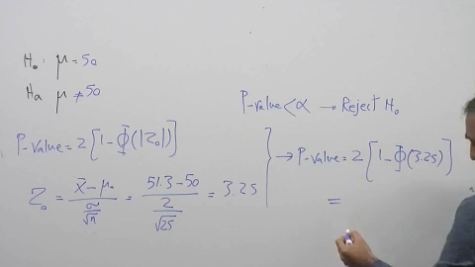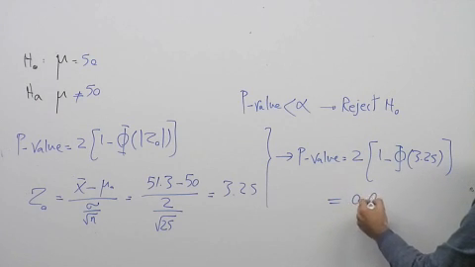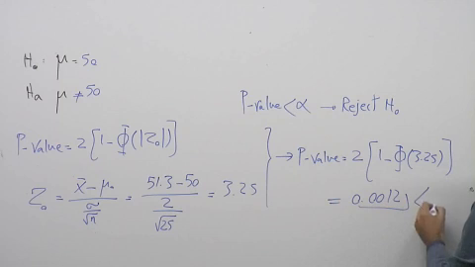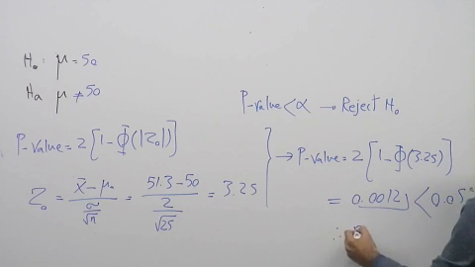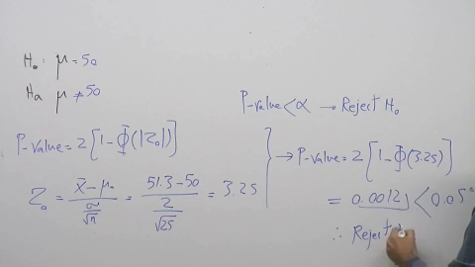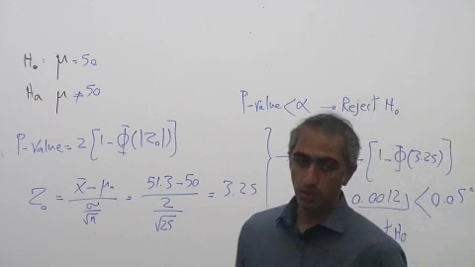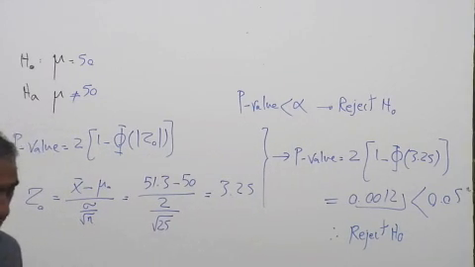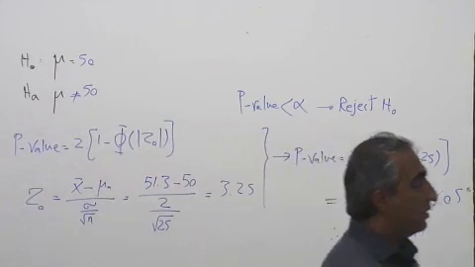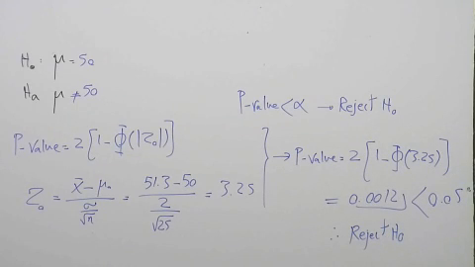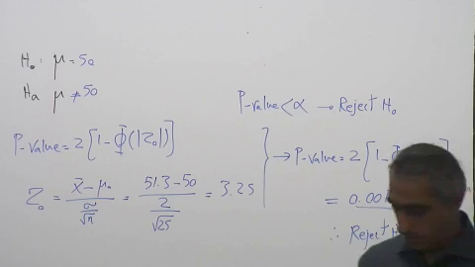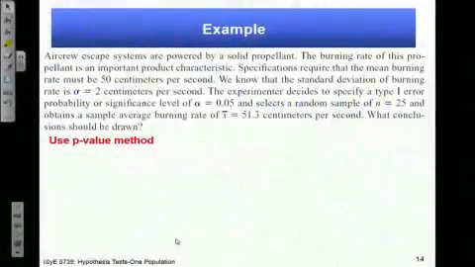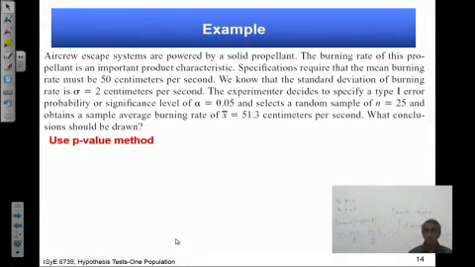If you calculate this from the table, then it's 0.0012. This is less than 0.05, therefore reject H null. Therefore, the mean is not equal to 50. Okay? That's exactly the same conclusion as if you use the regular critical region method or the confidence interval method. Okay, any questions? Is it clear?